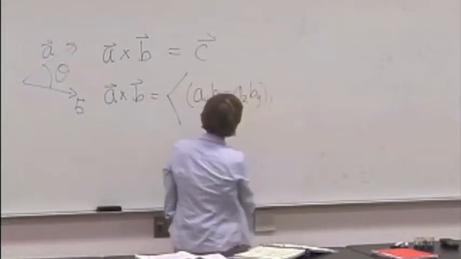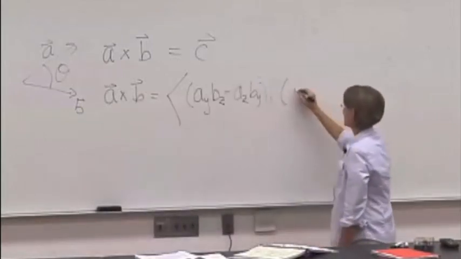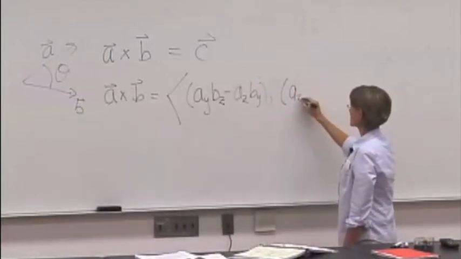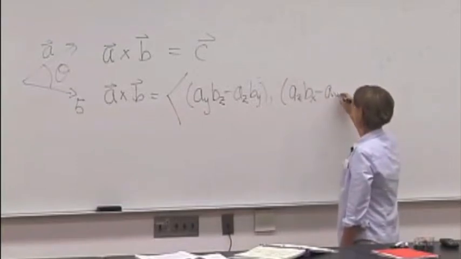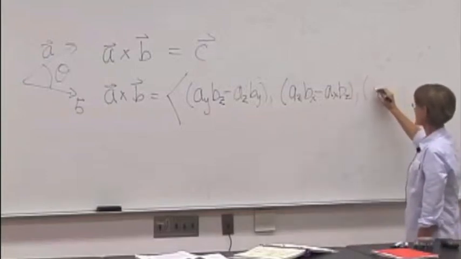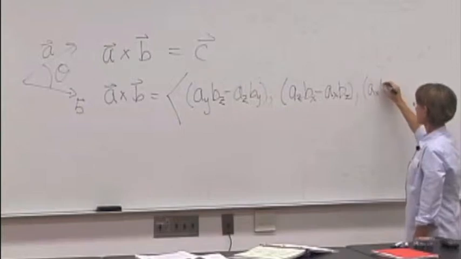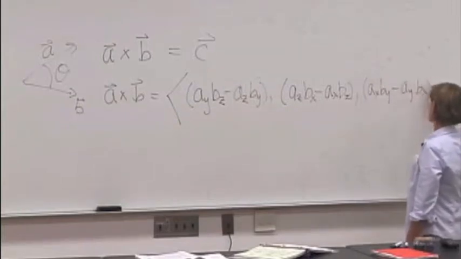That's the x component. And the y component is A sub z B sub x minus A sub x B sub z. And the z component is A sub x B sub y minus A sub y B sub x.